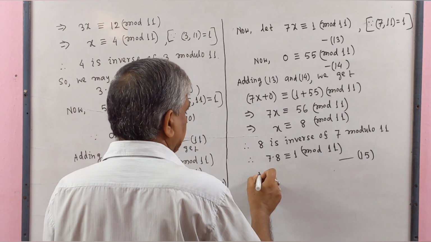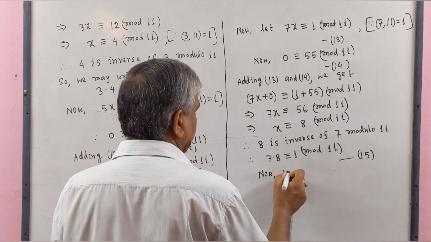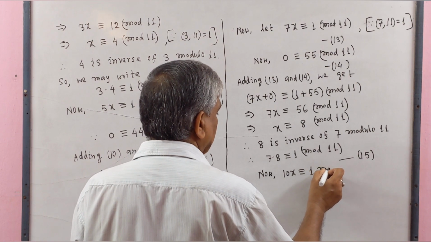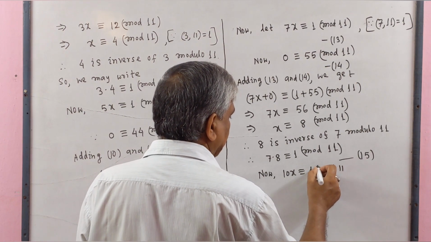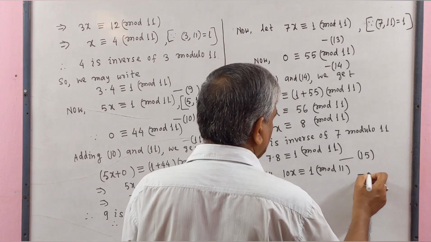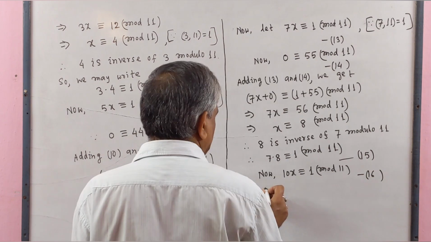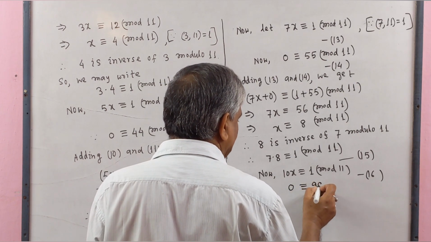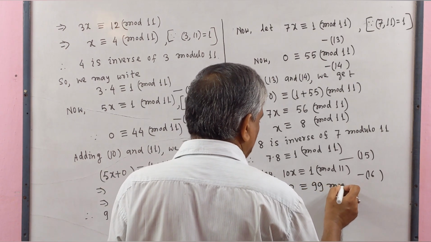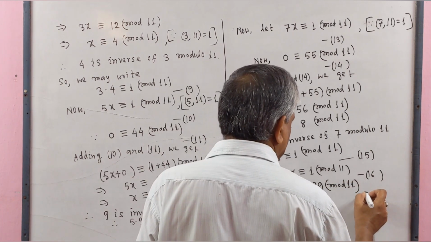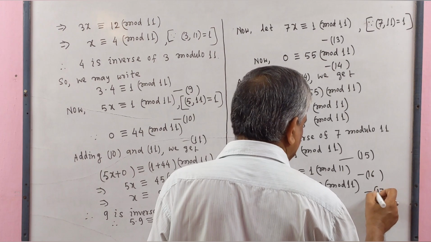Let this be number 15. Now, 10x is congruent to 1 modulo 11. Let this be number 16. Since 0 is congruent to 99 modulo 11, let this be number 17.